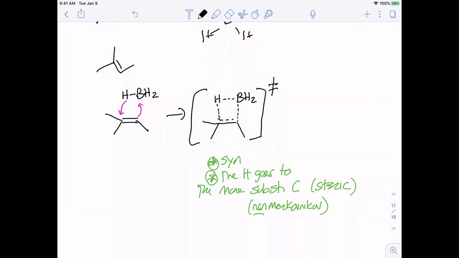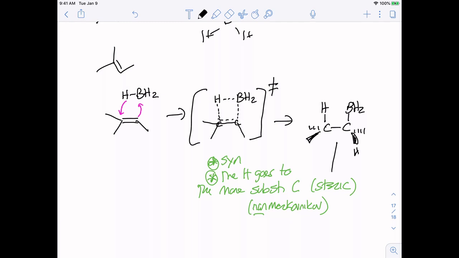And then what I have at this point are those two carbons. Maybe it's easier if I draw them. I have syn, so this is up. This BH2 group is up. One of these is out. One of those is back. So I got this guy. This next part, this is where we're going to end up.